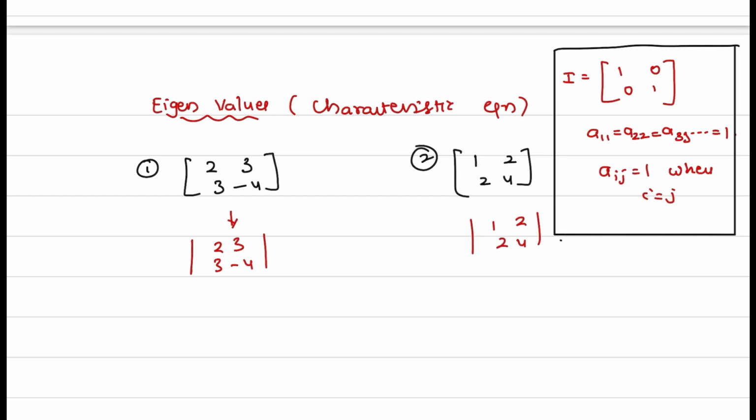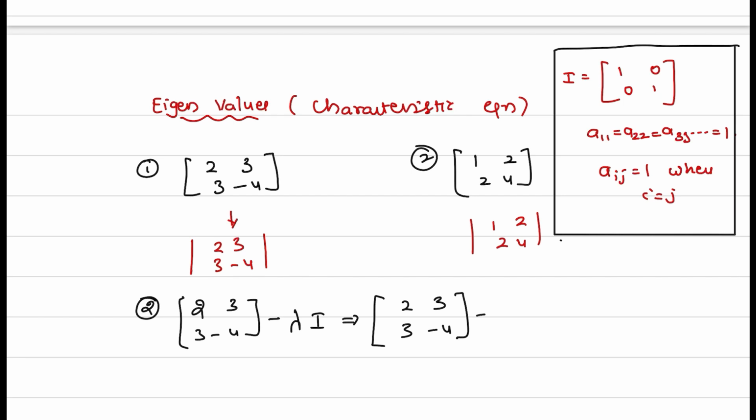Similarly, in this case, 2, 3, 3, minus 4 is a 2 by 2 matrix, minus lambda into I. Some lambda I am taking. 2, 3, 3, minus 4 minus lambda into 1, 0, 0, 1 is equal to 2, 3, 3, minus 4 minus lambda 0, 0, lambda.